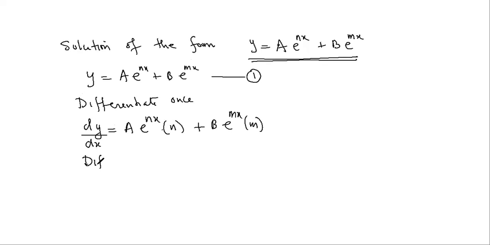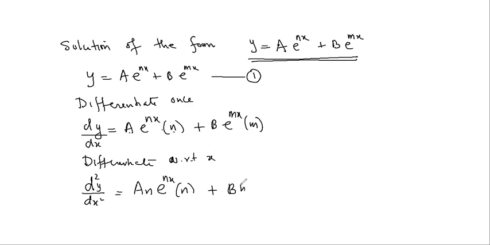Again, differentiate once more. How many times I'm allowed to differentiate? 2. With respect to x. So the second derivative d2y by dx2. A and n I took it. Now derivative of e raised to nx, e raised to nx into n. b m, derivative of e raised to mx, e raised to mx into m.